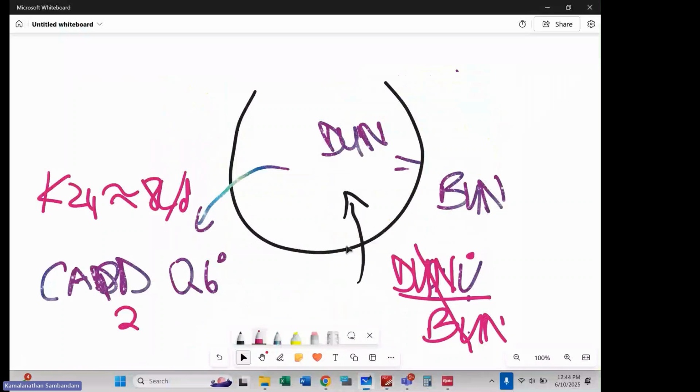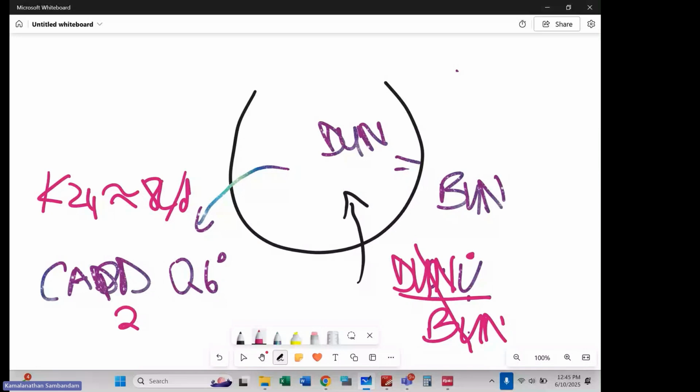I would assume that I do not have equilibration of DUN and BUN, and so I would be less than 8 liters of clearance. In order to bump up to about 8 liters of clearance, I'm going to empirically add another 2 liters. So if I'm doing shortened PD, mostly nocturnal PD, just empirically add another 2 liters to your total K, assuming that DUN and BUN have not equilibrated.